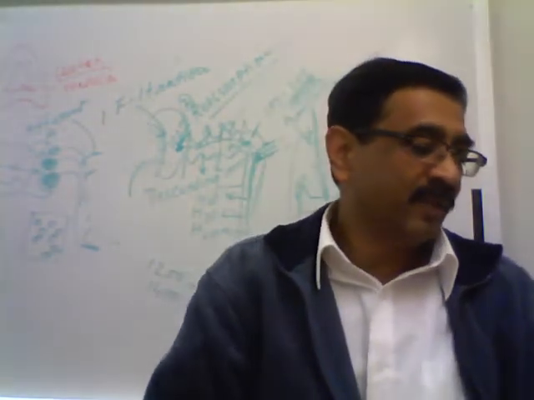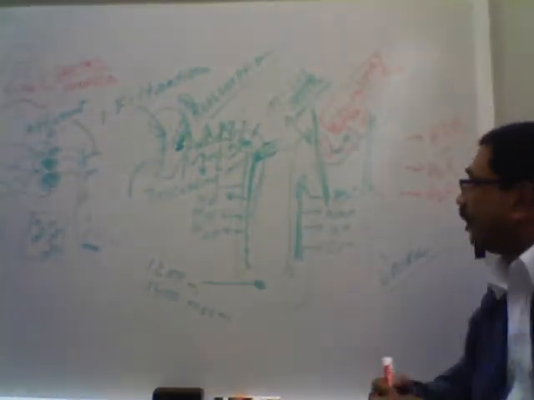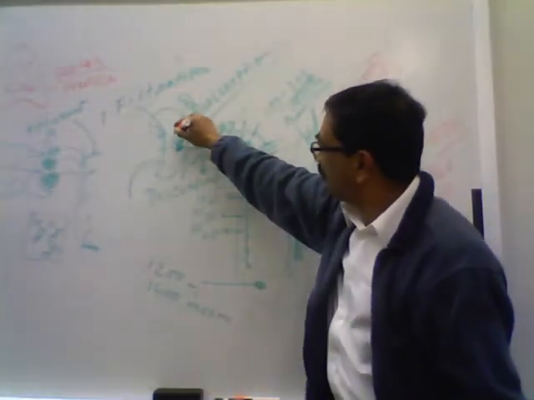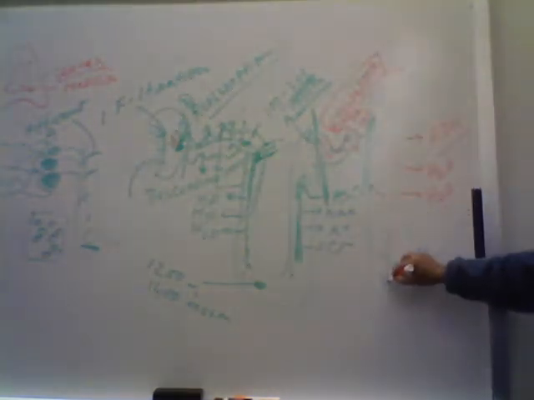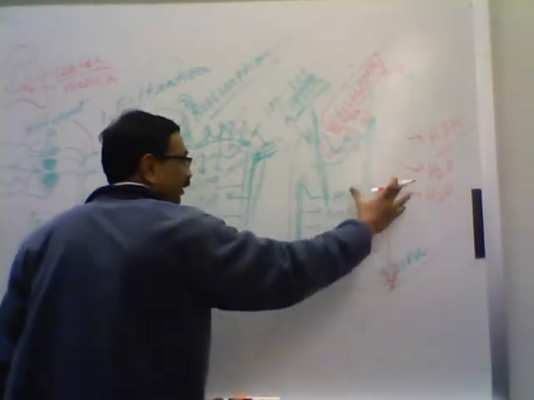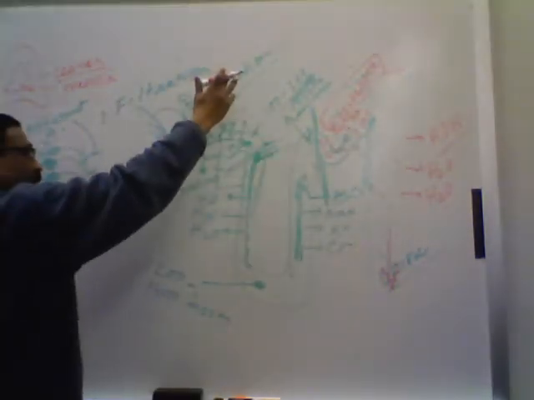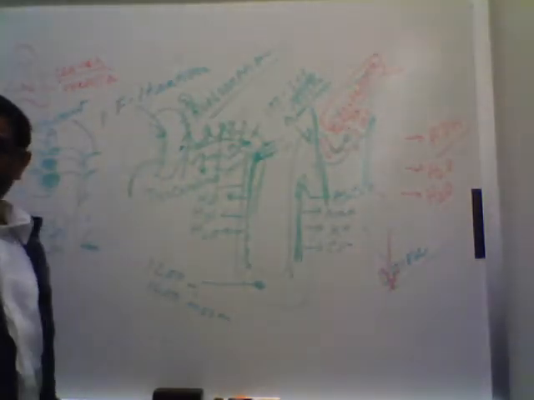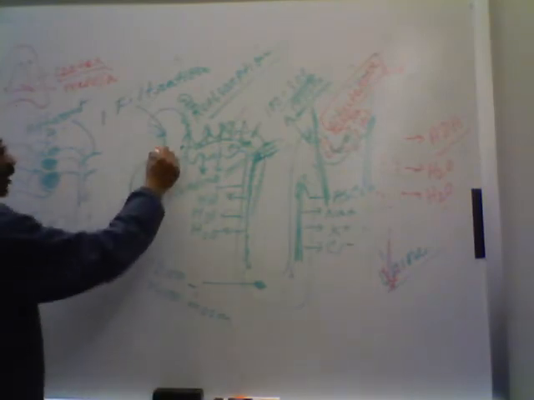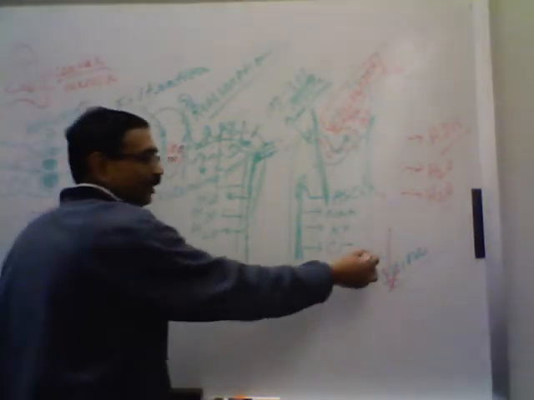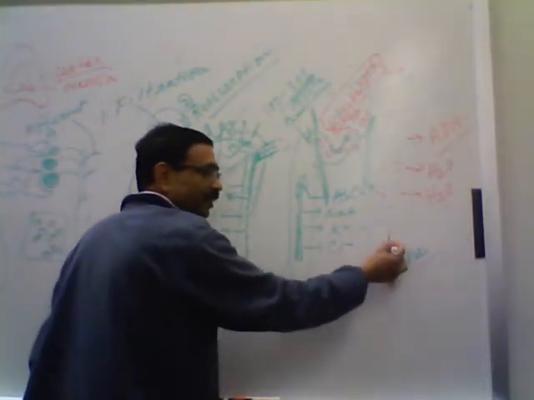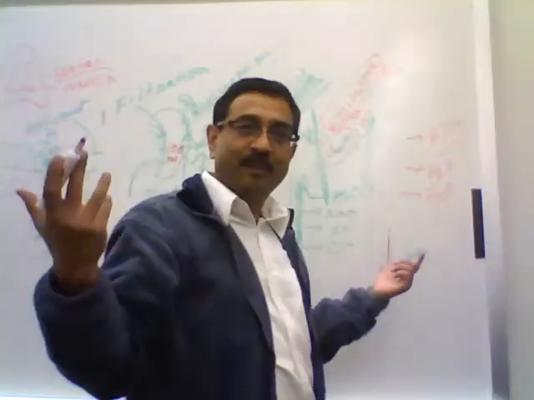Now, what happens normally when the fluid or urine gets out from the collecting duct? 99% of the fluid is reabsorbed, taken back into the body. So how much is reabsorbed? 99. So if your fluid is 100 milliliters here, when the fluid gets out here, 99% is already taken back into the body.